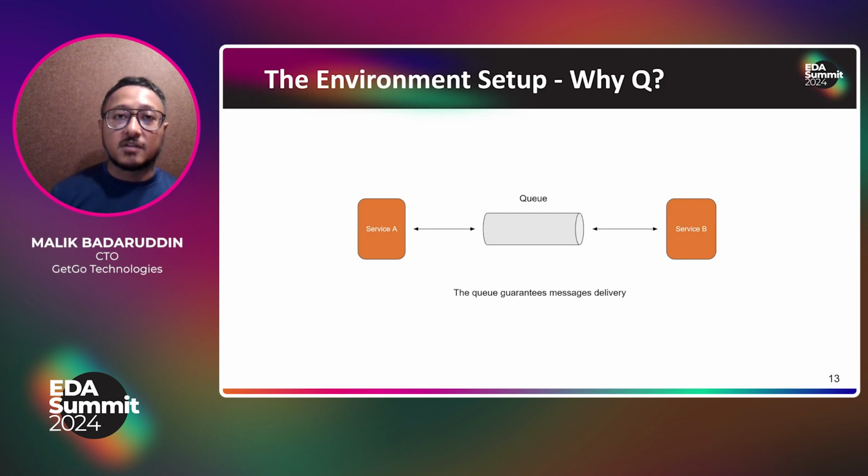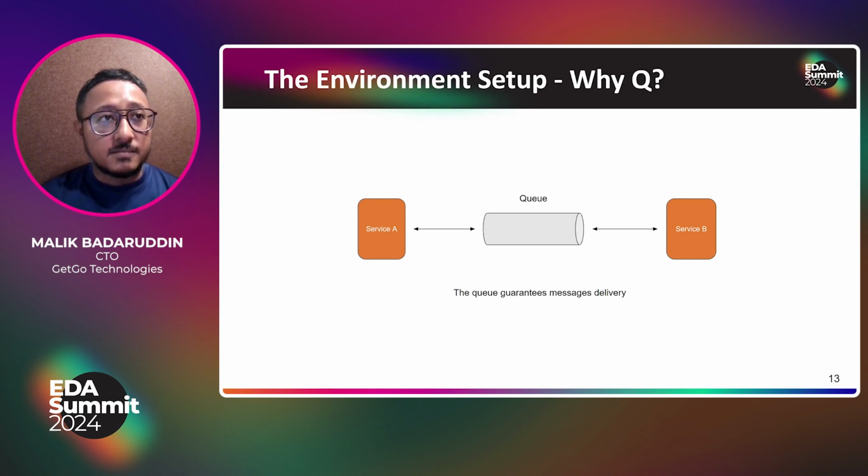A queue is a guaranteed message delivery from one service to the next. It also manages the way a message is received from the other side, and you can replay a message from the queue.